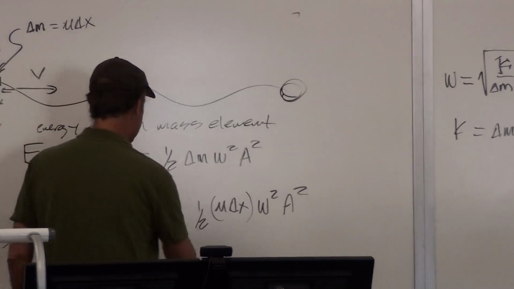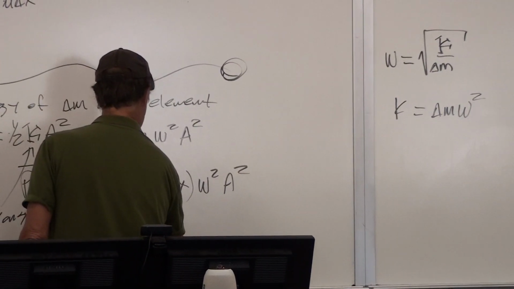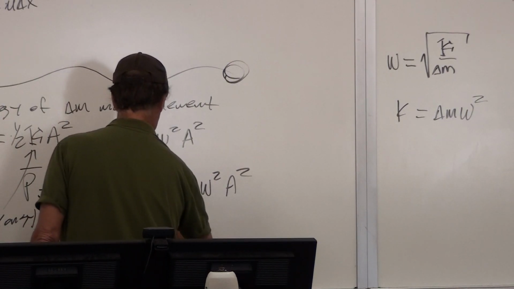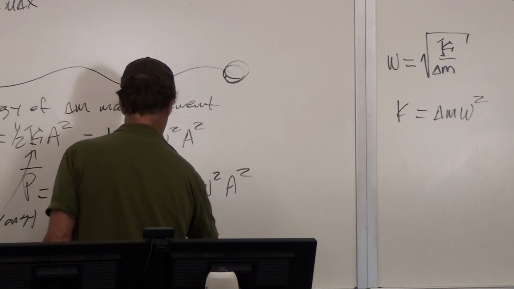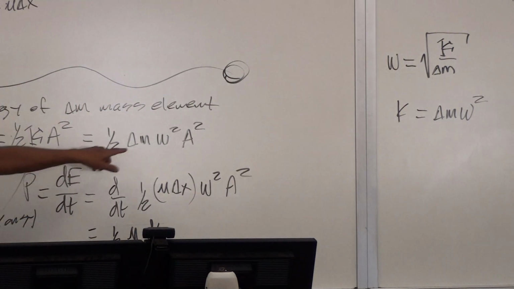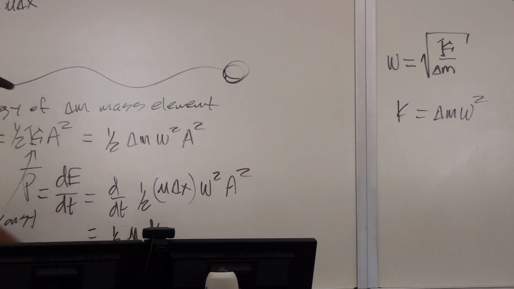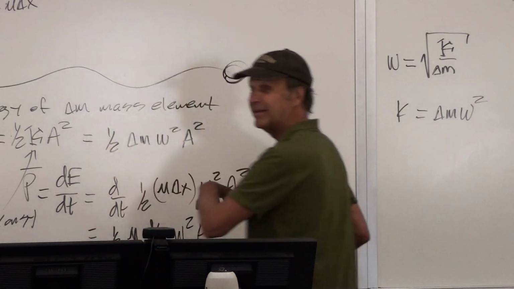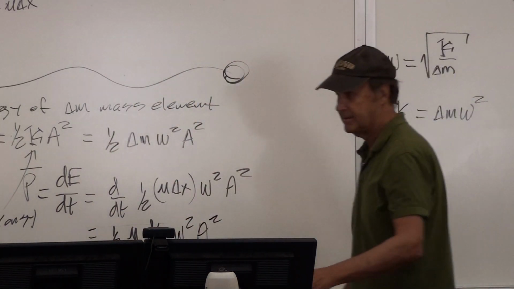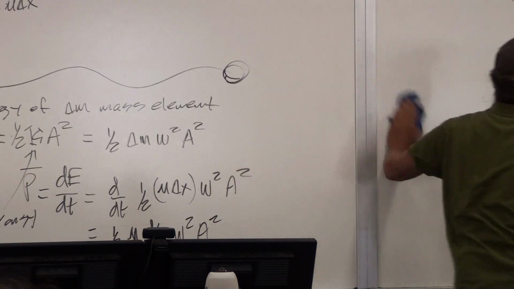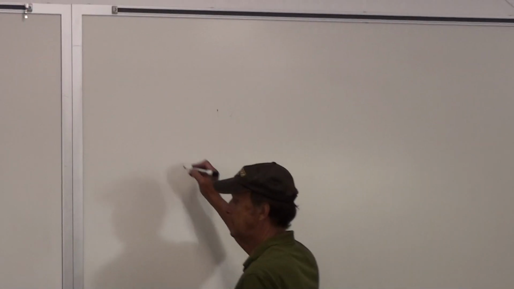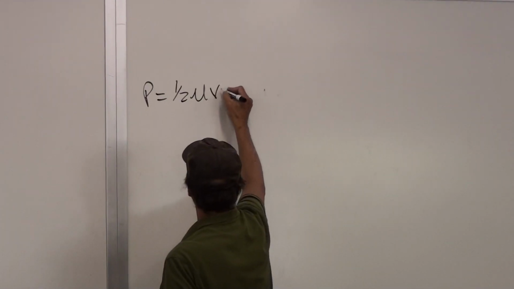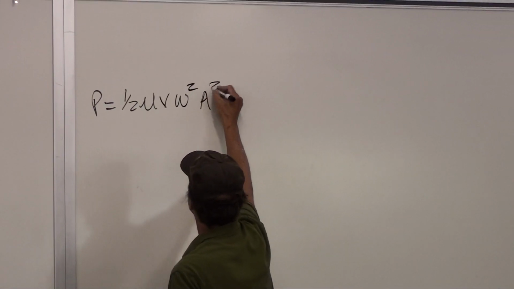So you can rewrite this then as 1/2 mu times dx dt, or delta x delta t. If I made this a dx, then this would be dx dt. That's our wave velocity times omega squared a squared. Let me just write that up here because I know I got too low. Careful. Power then is equal to 1/2 mu v omega squared a squared.